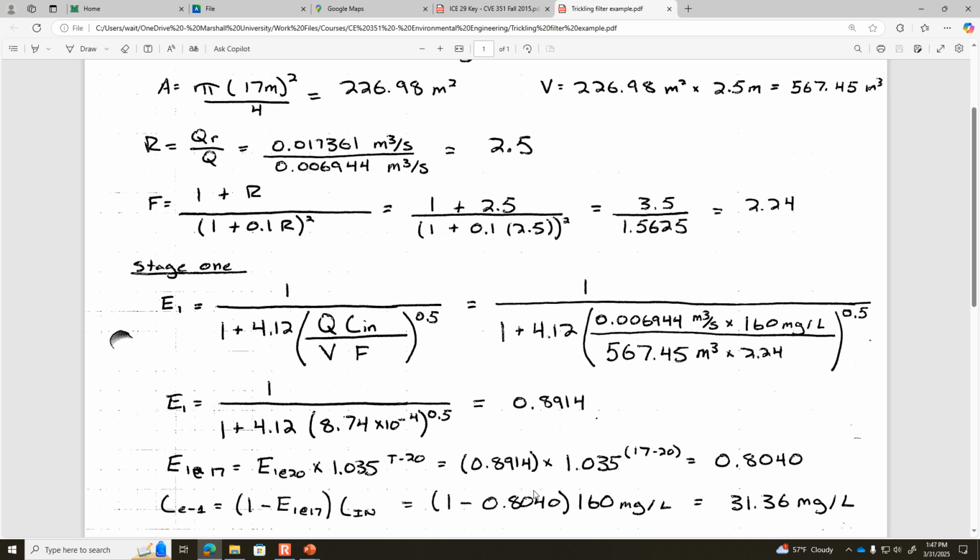And so what remains is the difference between the inflow concentration and what was removed. So 160 milligrams per liter comes into the trickling filter. After a couple of rounds of recirculation, the stuff that's coming out of the bottom of stage 1 is 31.36 milligrams per liter. So then that becomes the inflow concentration for stage 2. What came out of the bottom of stage 1 is the concentration in of stage 2.